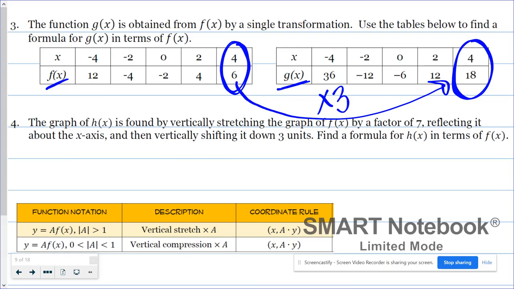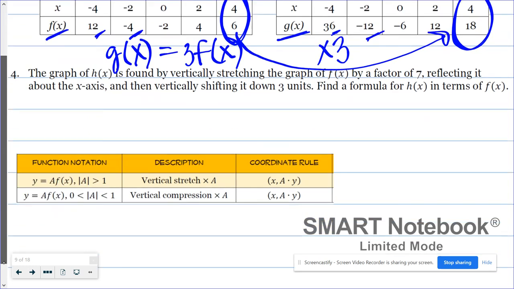So notice that I can test it out on another one, like 12 times 3 is 36, and negative 4 times 3 is negative 12. Okay, so I multiply my y values by 3. And so this is a vertical stretch by a factor of 3. And so I can say that g of x is equal to 3 times f of x. And that shows that vertical stretch by a factor of 3.